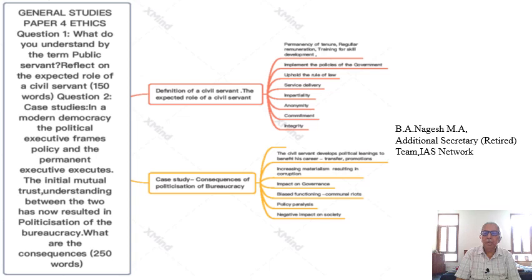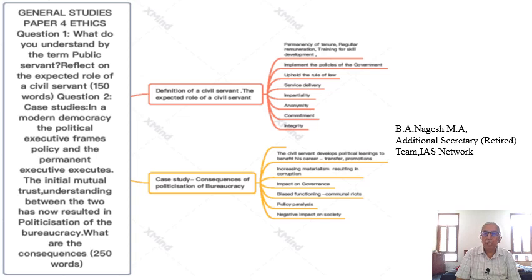First, the important definition of a civil servant. A civil servant has permanency of tenure. By this I mean he is a part of the permanent executive. They are recruited after a rigorous competitive examination, then a period of training, that is called the probationary period, then they are confirmed.